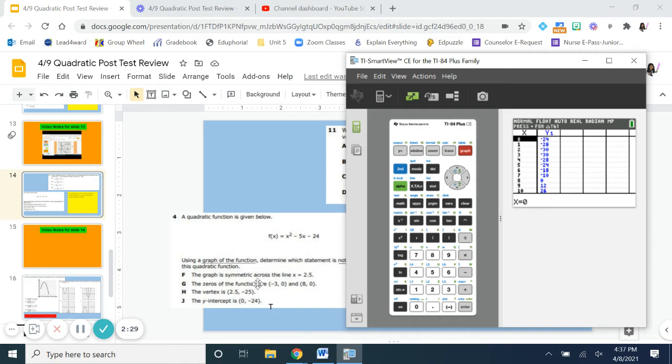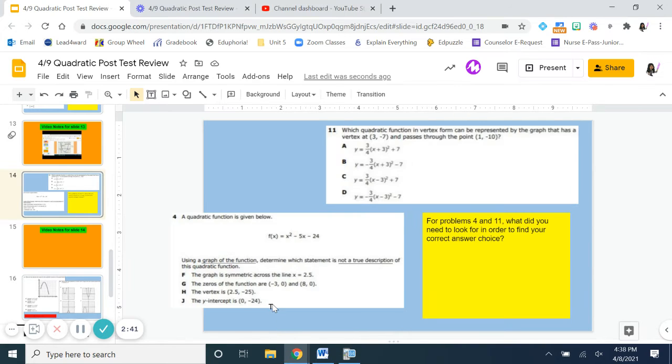Let's see. Zeros of the function. One of them is at (8, 0), and the other one is at (negative 3, 0). And if I look at G, that is also a true statement. So that's probably also not going to be my answer choice. So I'm going to put that right there.